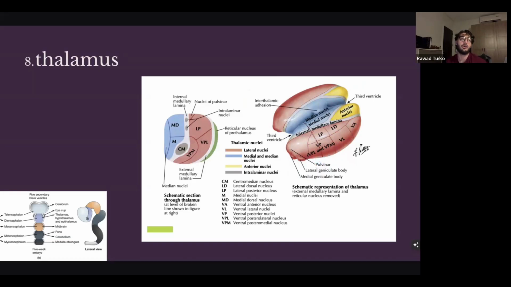Again, the point of learning about the thalamus and all of the thalamic nuclei is not to hone down on all of the nuclei one by one and figure out exactly what they do. It's extremely complex and it's likely too much detail for you to go into. It's just very important to know, first of all, the general function of what each nucleus does, very generally speaking, and also know the connections.